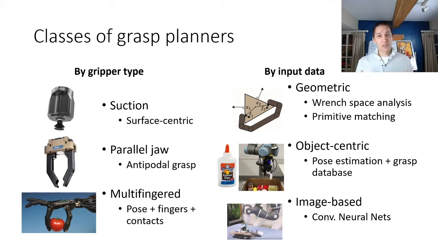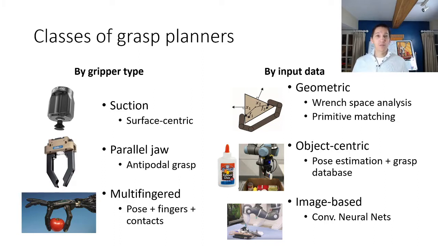And in terms of the input data, we can either think about looking at the geometry of the object that we want to examine and grasp, and try to figure out a way that we can geometrically figure out where we should grasp it. There are also types of grasp planners that deal with object poses. So they think in the frame of an object itself and then use object pose recognition to figure out where that object is in the current scene.